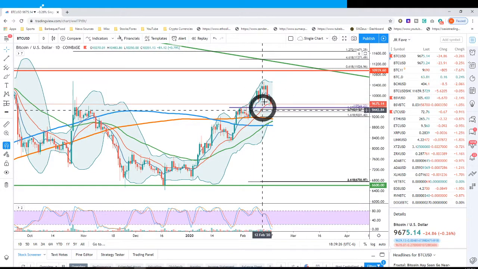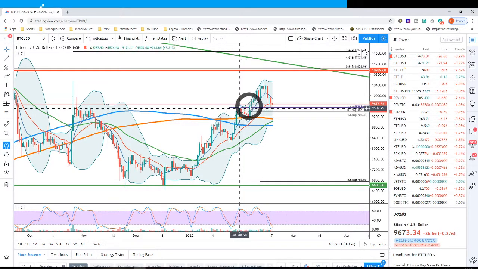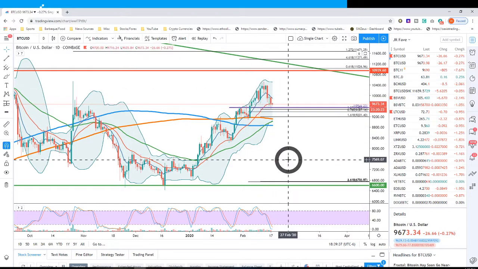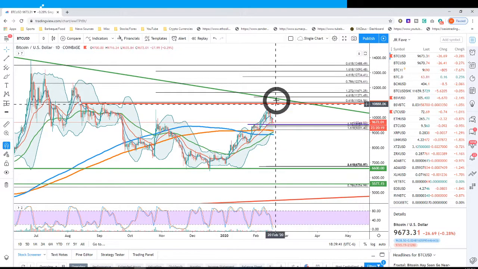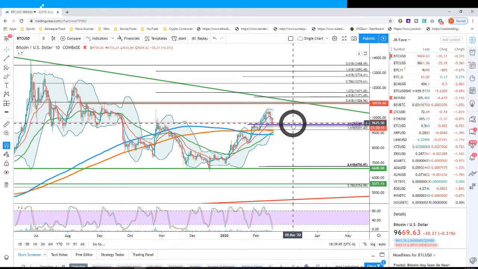Until it breaks down below this and we start getting back down below supports, it's a hard one to call. I could be totally wrong in my bias, but I think Bitcoin wants up here before we get a deeper retracement.